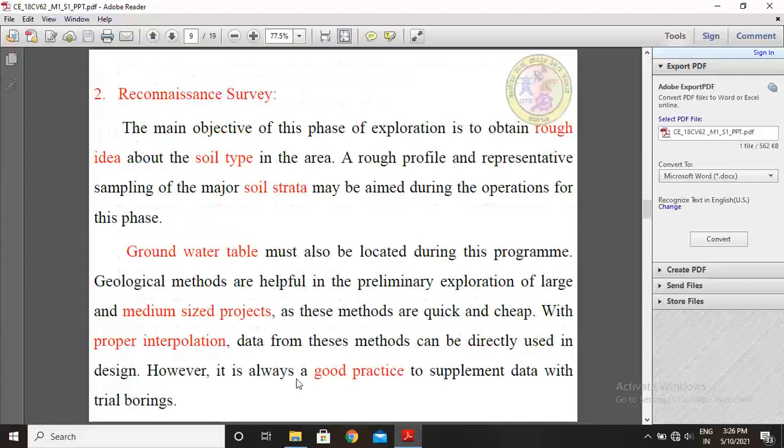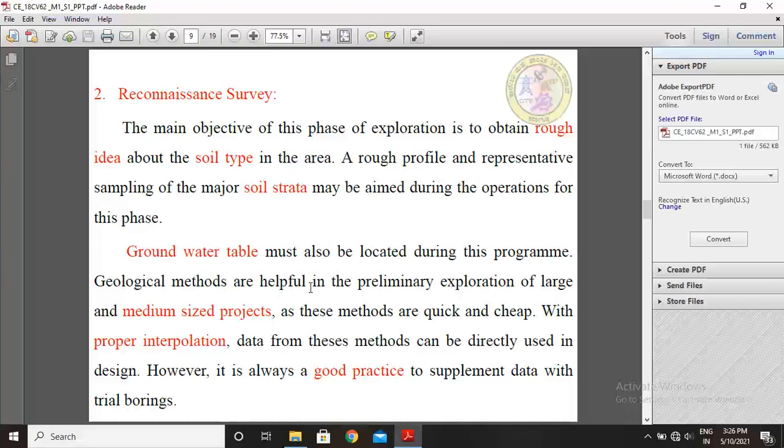What do you mean by reconnaissance survey? The main objective of this phase of exploration is to obtain a rough idea about the soil type in the area. A rough profile and representative sampling of the major soil strata may be aimed for during the operations of this phase. Groundwater table must also be located during this program.